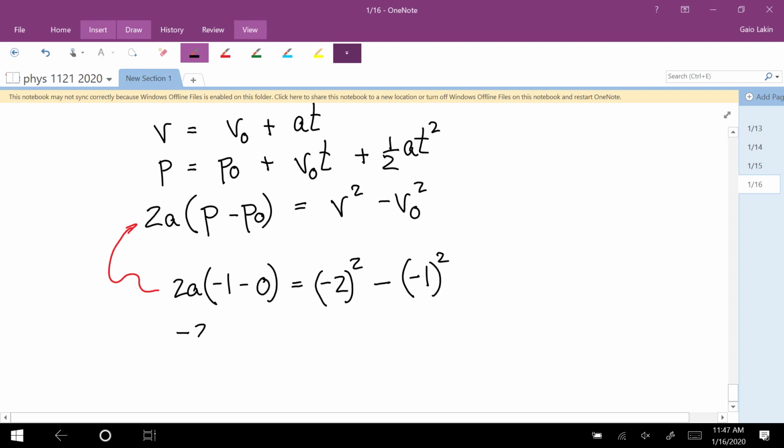And so you get -2A is equal to 4 minus 1. And so A is equal to -1.5 meters per second squared.